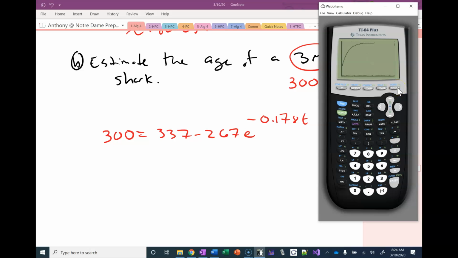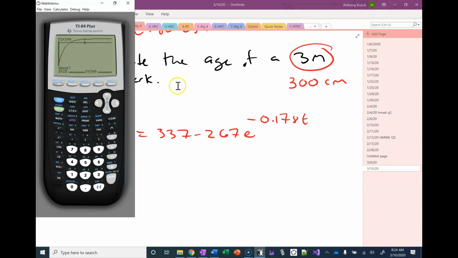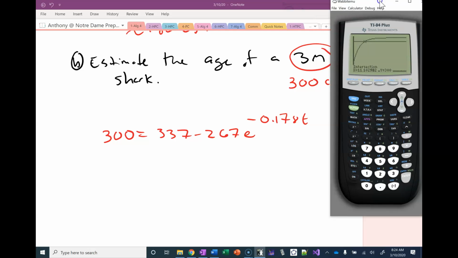So there's my curve for my shark length. There's my 300 line, so I can see my intersection right there. So second, trace, intersect, curve 1, curve 2, and then I guess so 11.1 years old.